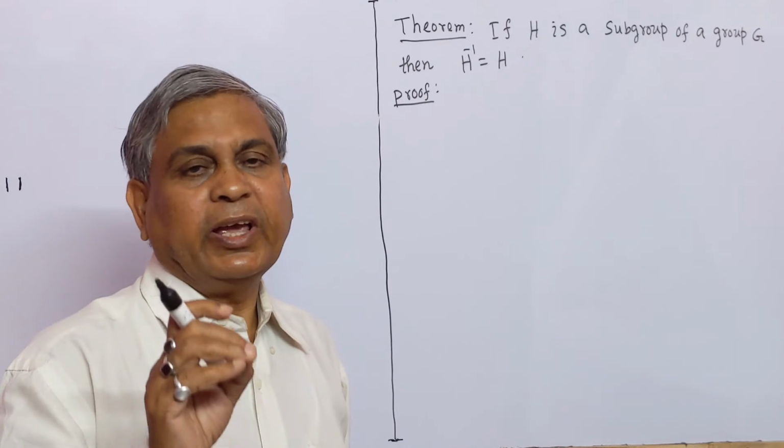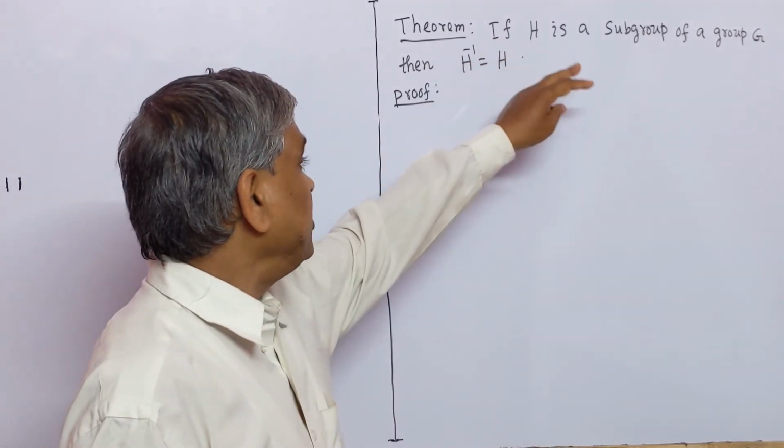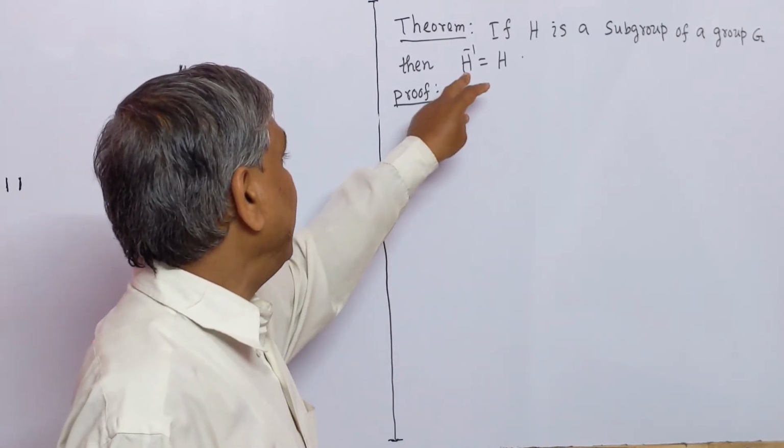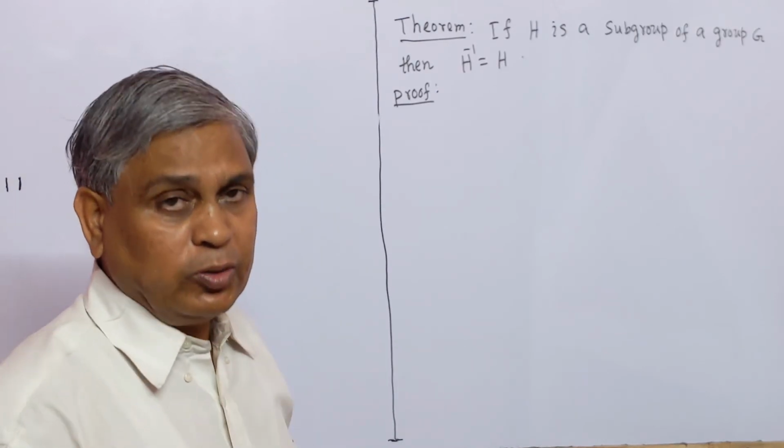Now we prove a theorem. The theorem is: if H is a subgroup of a group G, then H inverse equals H. Now we prove this.